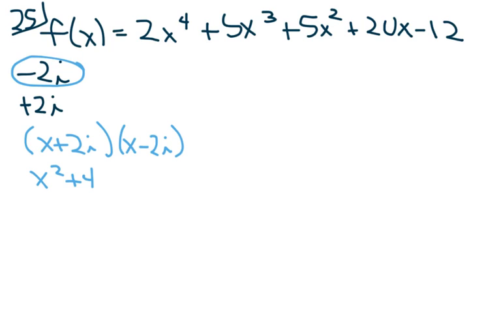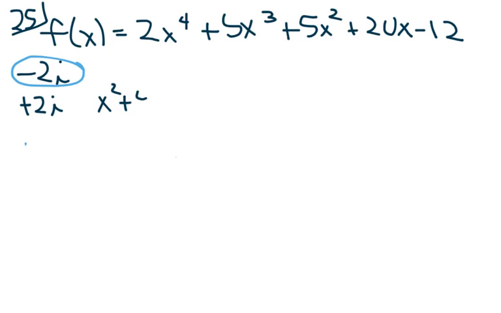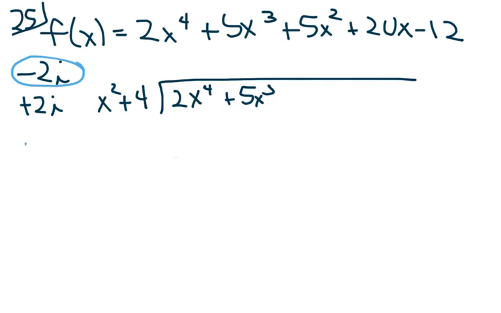And we're just going to use long division here. Erase this and have more room, so we can have x squared plus 4, and we're going to put 2x to the fourth plus 5x cubed plus 5x squared plus 20x minus 12.